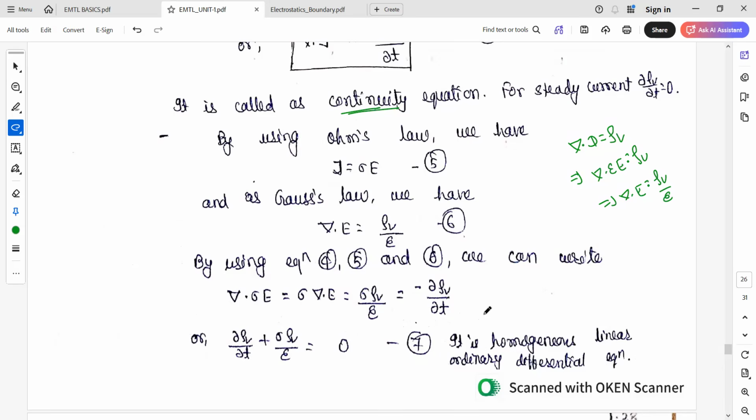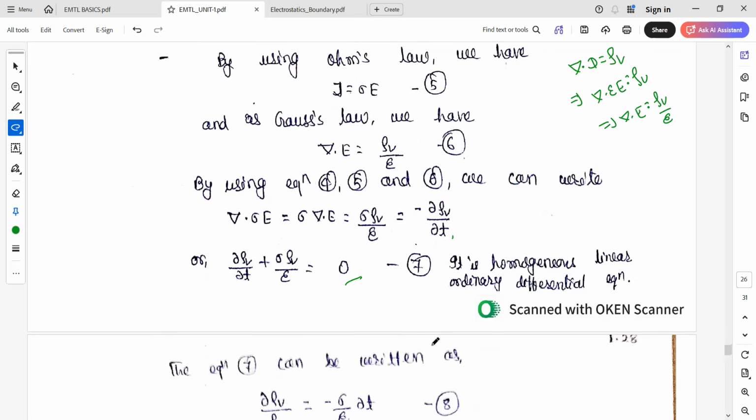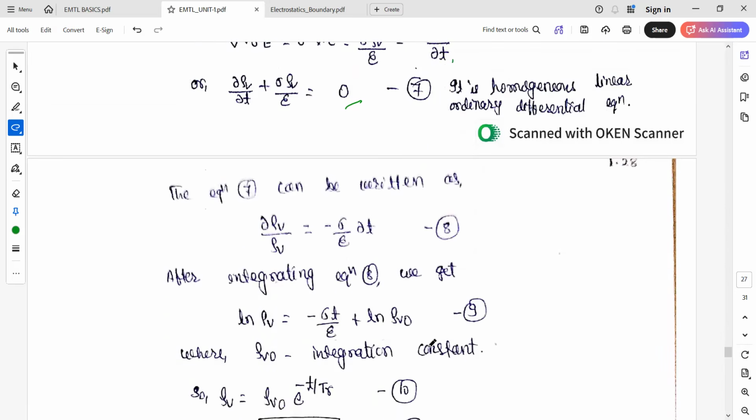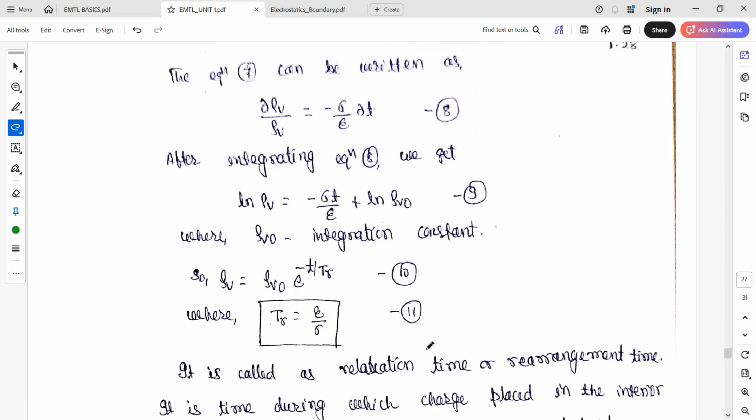If you take the minus dou rho v by dou t to the same side, this is going to be equal to 0. This is called a homogeneous linear ordinary differential equation. Rearranging and integrating, we get ln rho v equals minus sigma t by epsilon plus ln rho v naught, the integration constant.